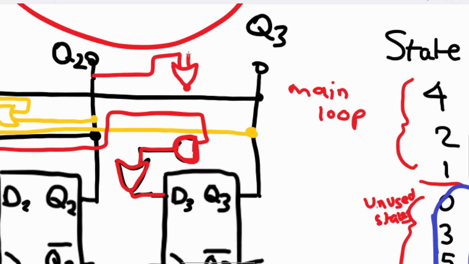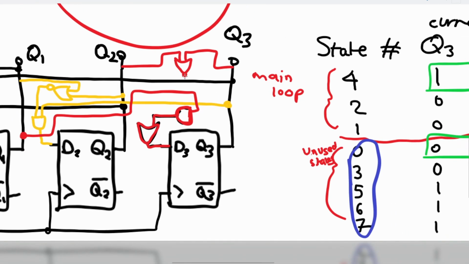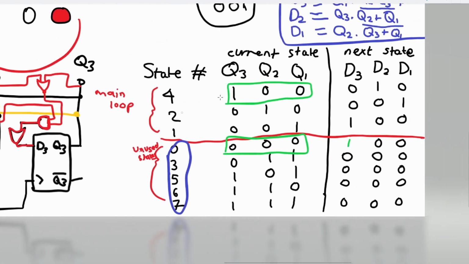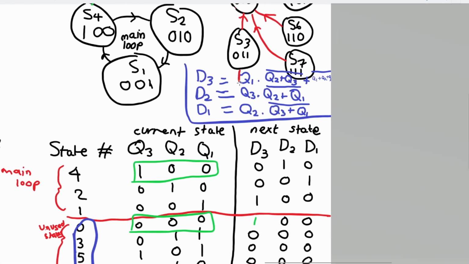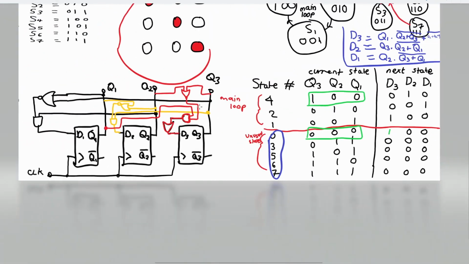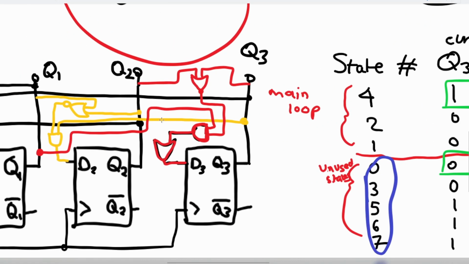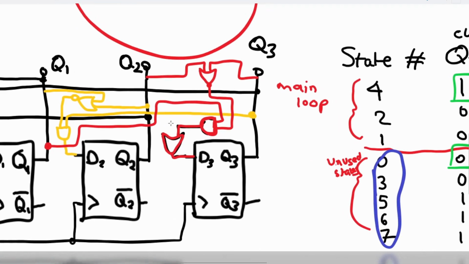Go to Q2 and Q3. So that's this part done, and then we need NOR of all three of the inputs. So it's going to be a 3-input NOR, and where am I going to put it?